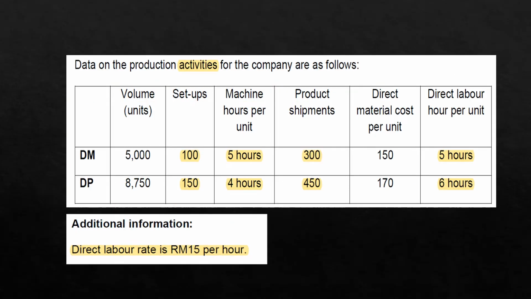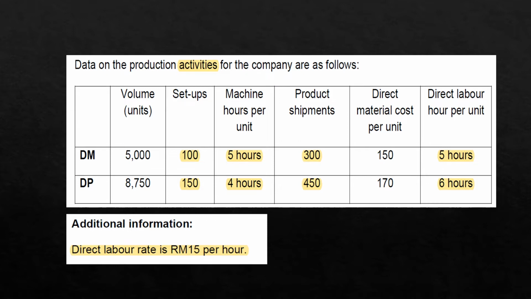Data on the production activity for the company are as follows. For product DM, the volume is 5,000 units. The setup is 100. Machine hour per unit is 5 hours. The product shipment is 300. Direct material cost per unit is 150 and direct labor hour per unit is 5 hours.